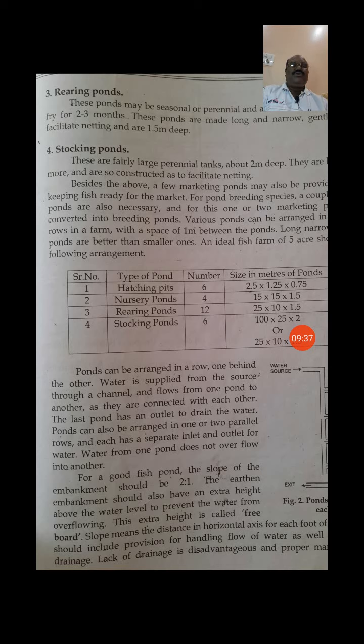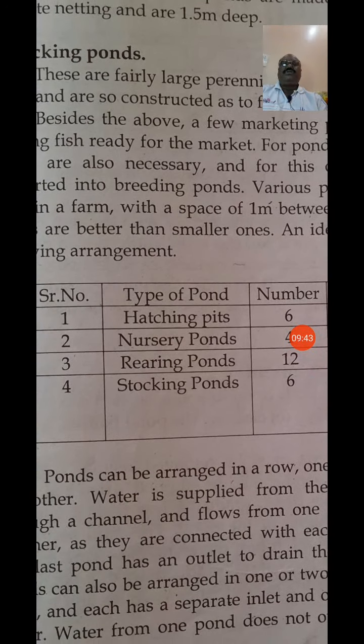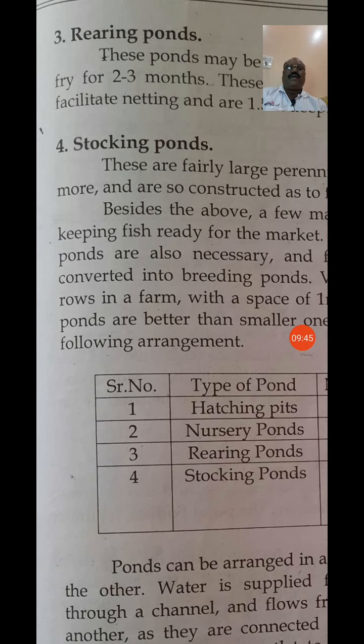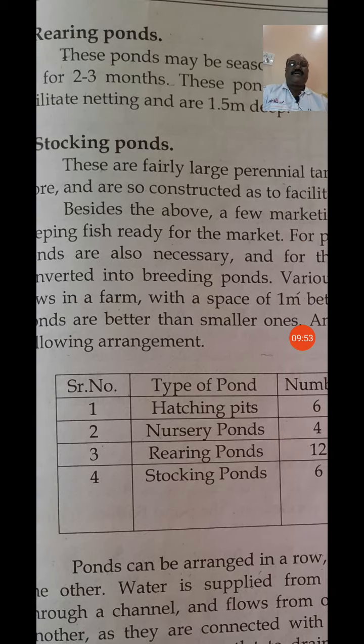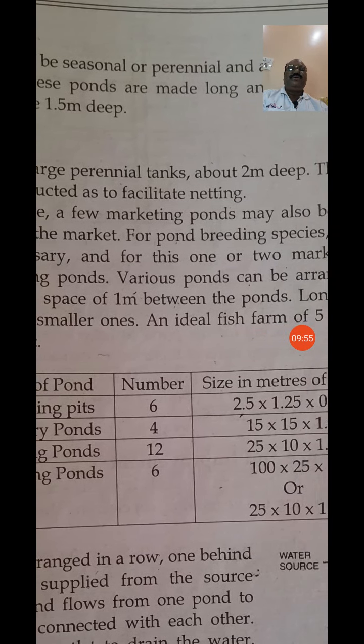Then we have to put these fishes in the next pond, that is called the stocking pond. So, in the stocking pond, we actually stock the fishes. Now, these are fairly large perennial tanks, about 2 meter deep.